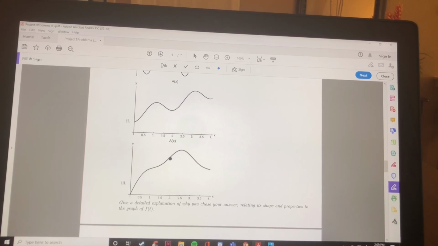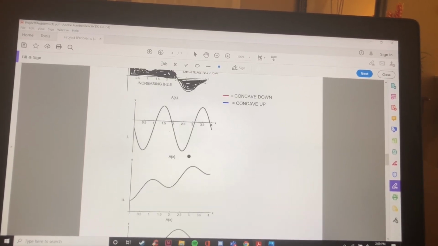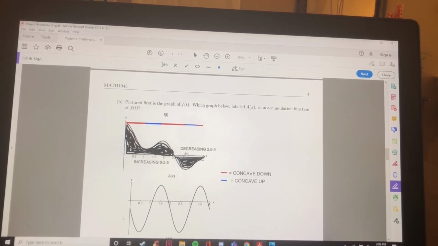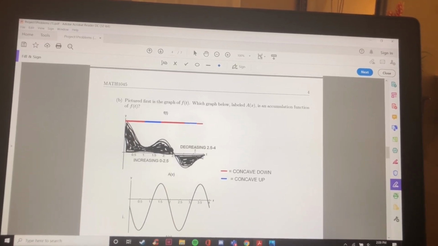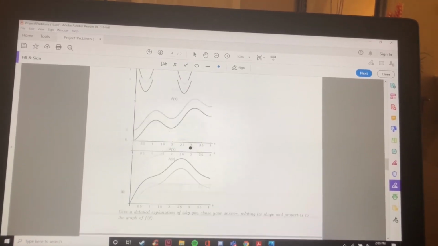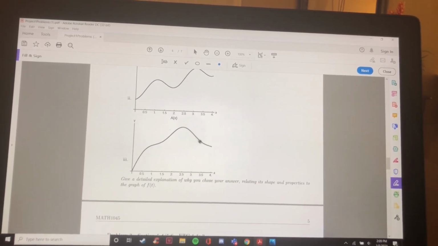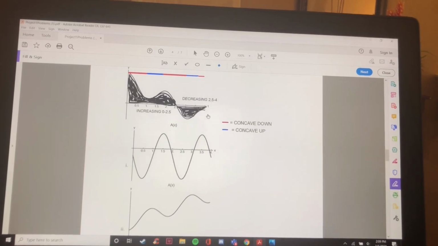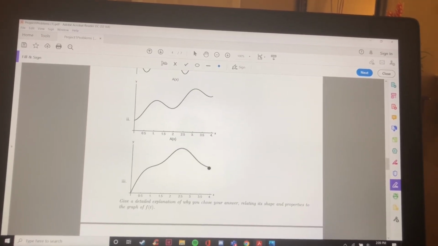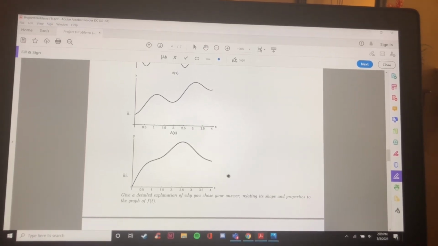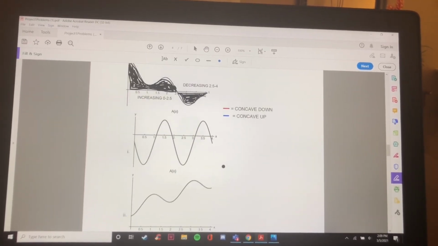So from 2 to 3, it's concave down, yes. From 3 to about, let's say 3.8, it should be concave up. Yep, concave up. And at the very end, there should be another inflection point, and it starts to, if this were to continue, be concave down.